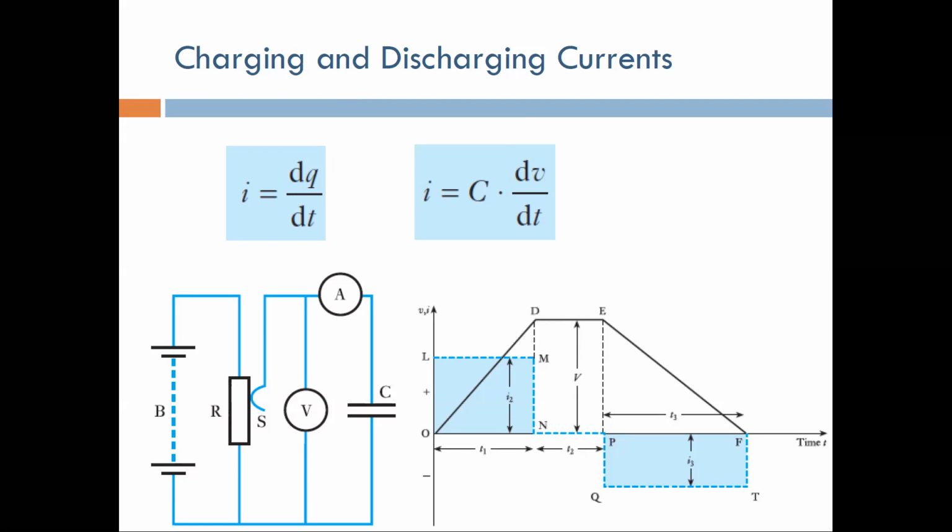An AC waveform looks like this. Here you have positive current, and here you have negative current. Here you're going to charge, and here you're going to discharge with exactly the same amount, so you end up exactly where you started, because you don't have any net charge.